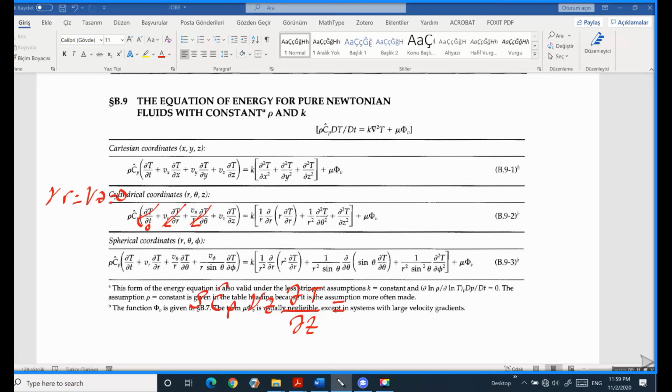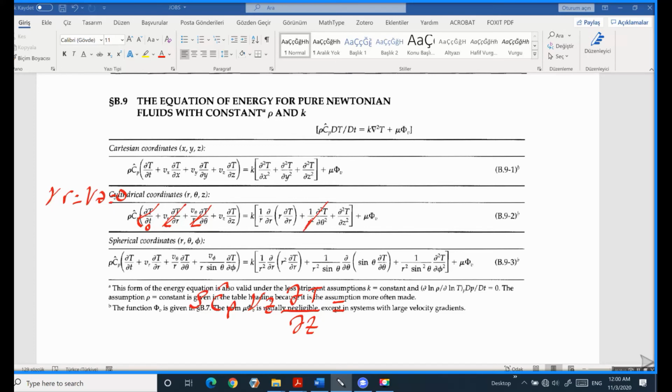At the right side, as we mentioned in the problem, temperature is just a function of z and r.